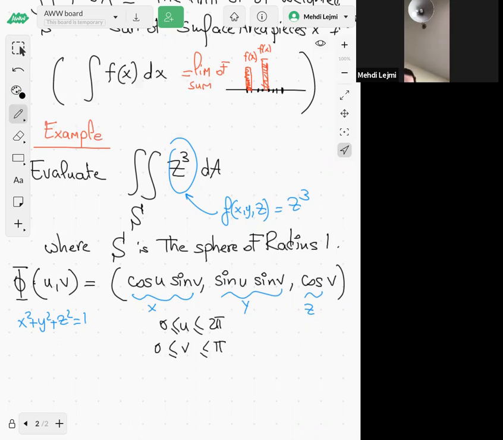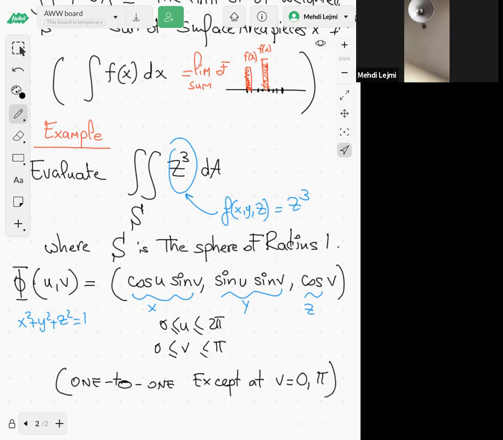We discussed this last week, and we said this is actually 1-to-1 everywhere except when v equals 0 and pi.